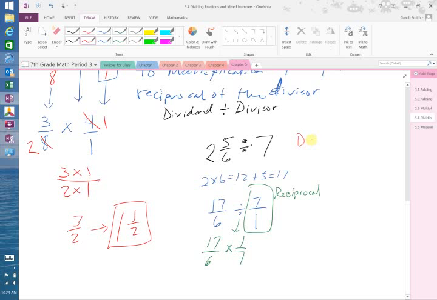So step 1, change to improper fractions. Step 2, change to multiplication by doing reciprocal.